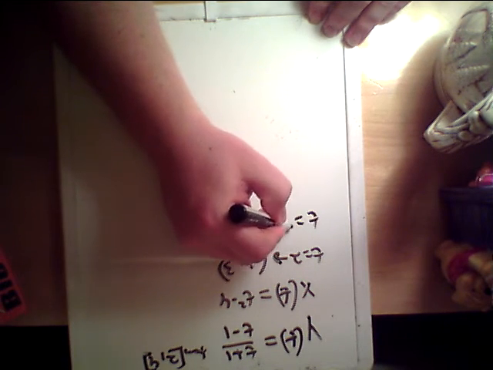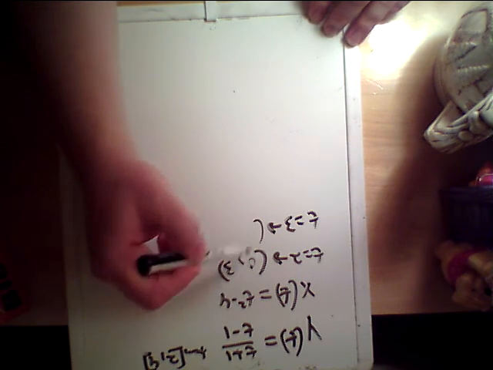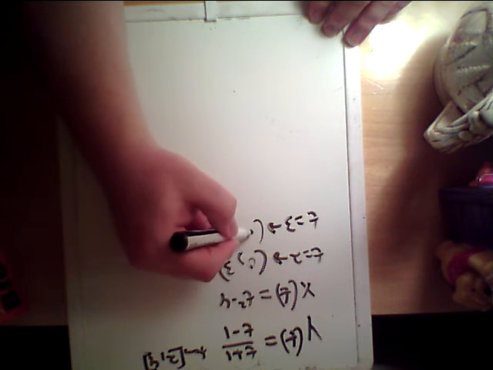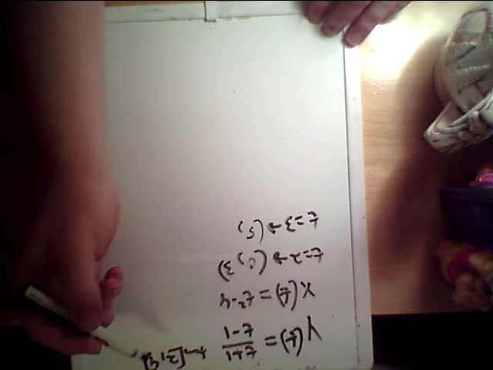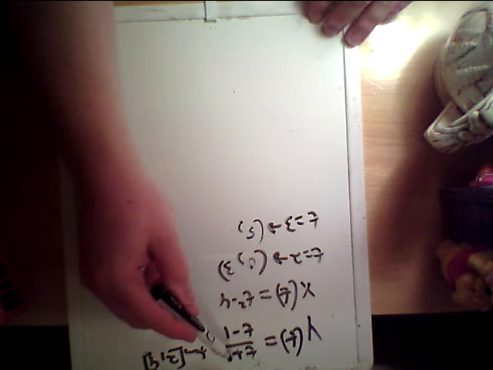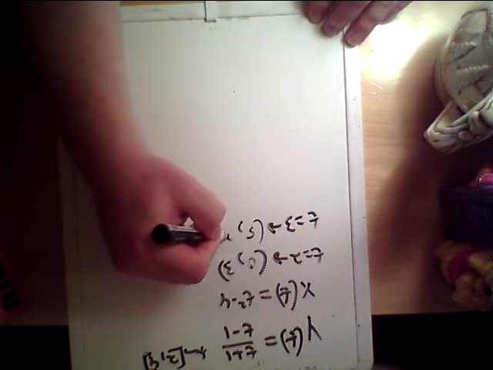And then when t equals 3, we're going to plug 3 into both these equations to get our x coordinate. It'd be 3 squared is 9, minus 4 is 5. And then our y coordinate is going to be 3 plus 1, which is 4, over 3 minus 1, which is 2. So 4 over 2 is 2.